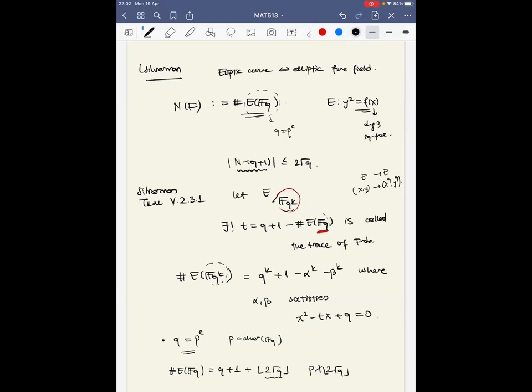And if the power e is odd, it is computed as q plus the floor of 2 times the square root of q. So this shows us the number of the possible rational places we may consider for a given elliptic function field or elliptic curve.